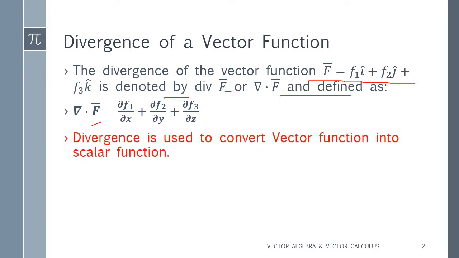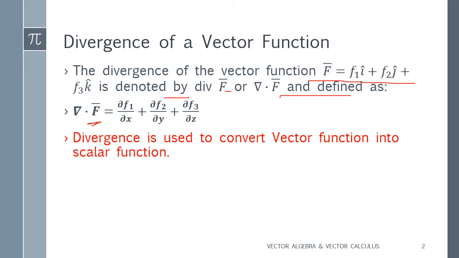Divergence is used to convert a vector function into a scalar function. See the formula: there is no ijk in it. It means we are converting a vector quantity into a scalar quantity, because the gradient comes in ijk form, right? And f1 again becomes ijk form.